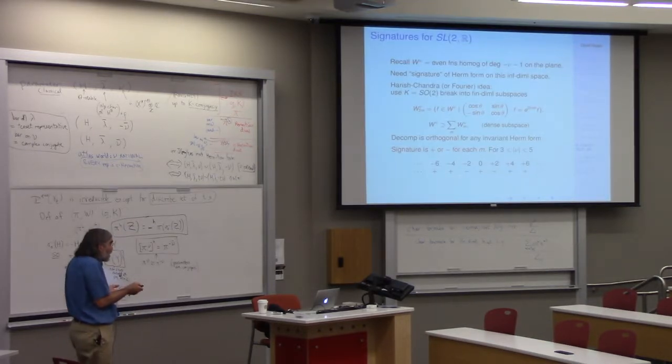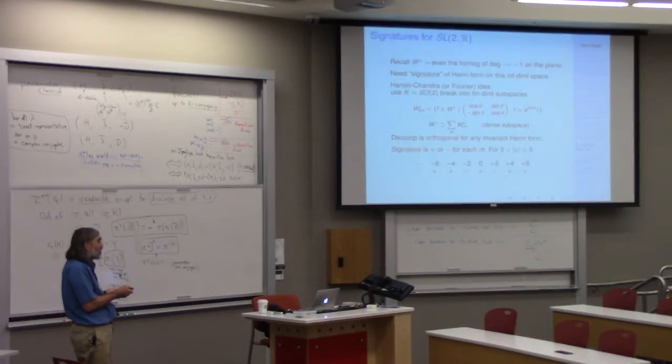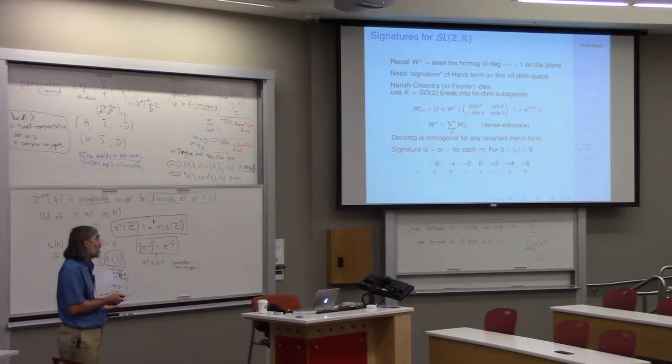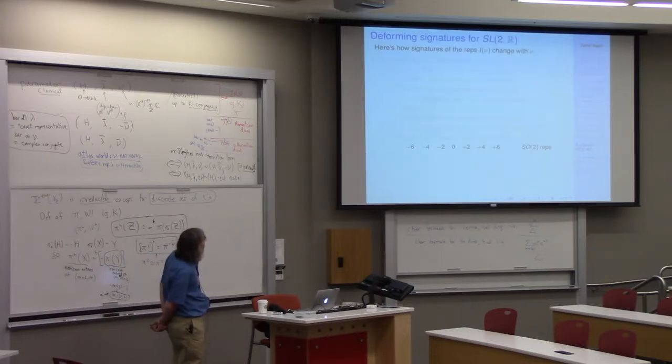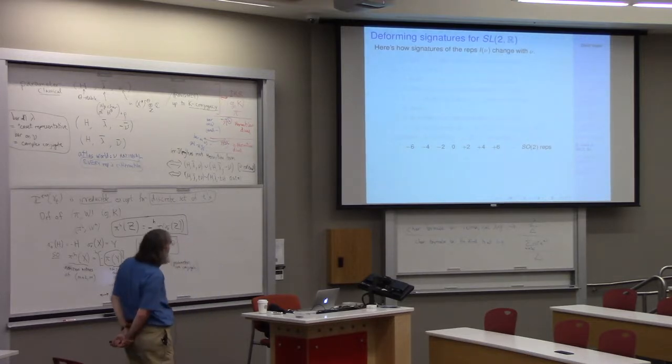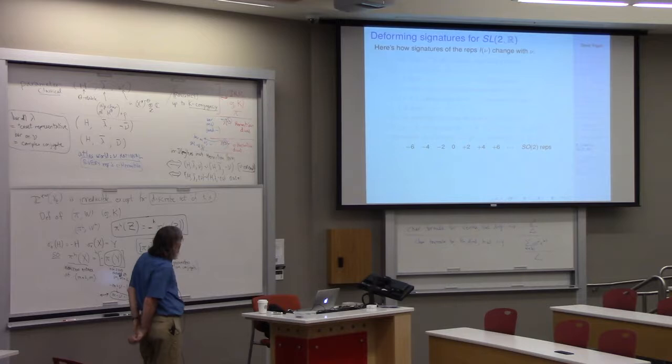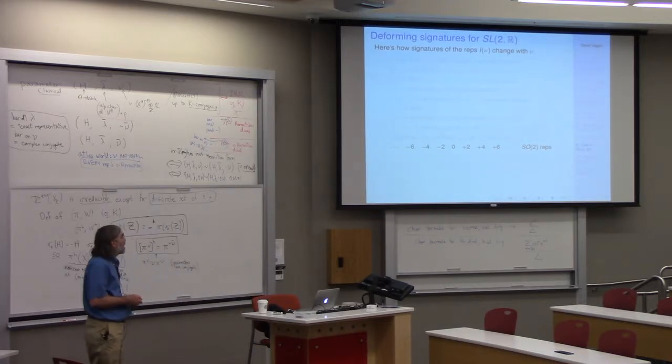In particular, Atlas will compute this for you, and when you look at it, you see these representations are not unitary because the invariant Hermitian form is indefinite. It has both plus and minus signs. Okay, so the strategy that we're actually going to use is to keep track of how the signatures change with nu.